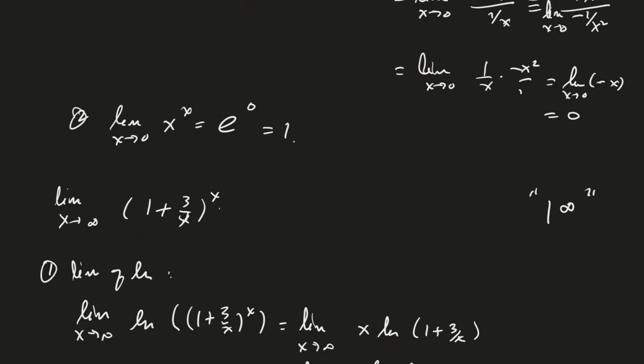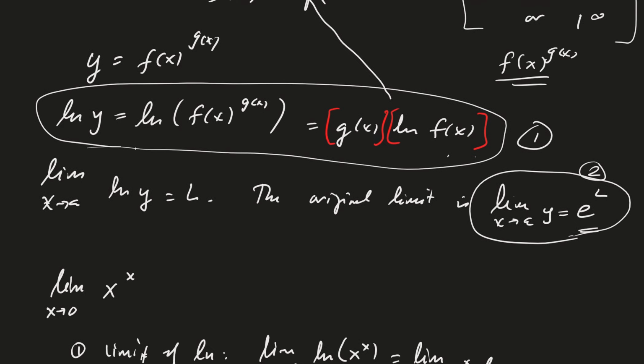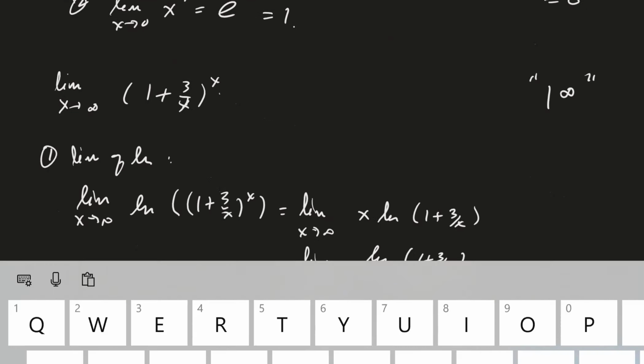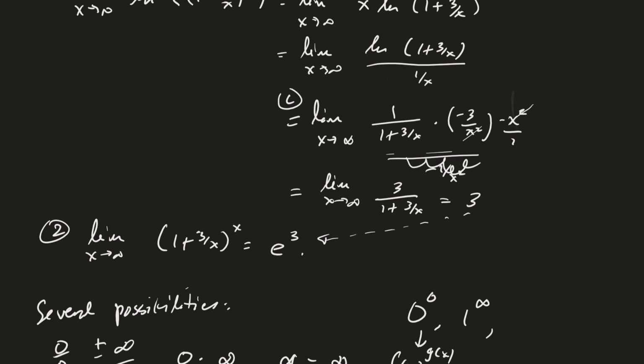What else did we have? Those are the only two we've looked at examples of, but there are some other possibilities there. Infinity to the 0 power, I guess, is the one that I missed. We haven't looked at that one yet, but we could do an infinity to the 0 power.